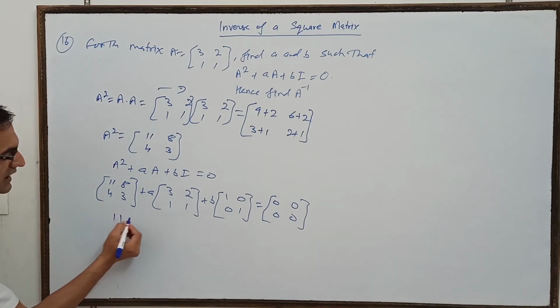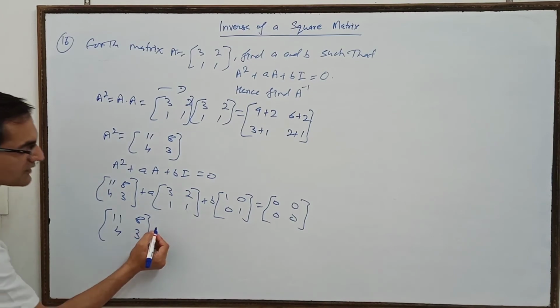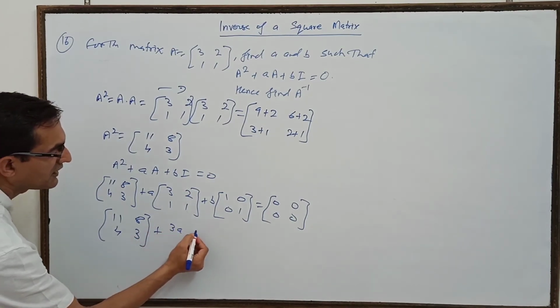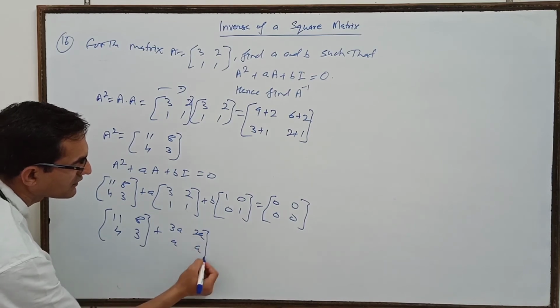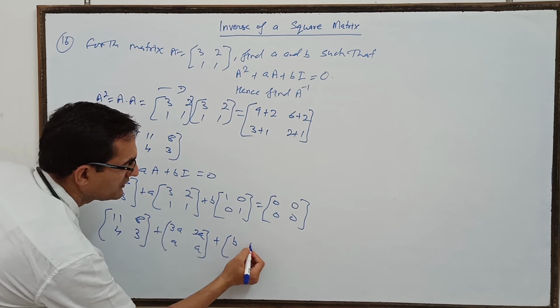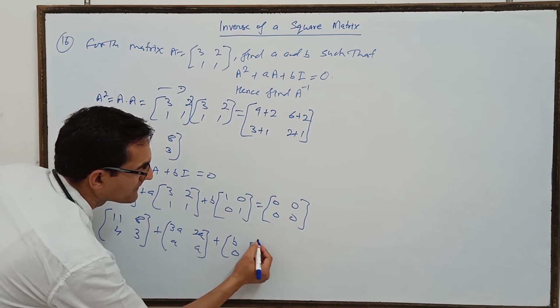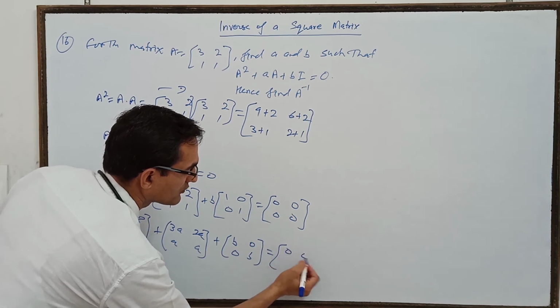So 11 8 4 3 plus 3A 2A, A into 1 is A, A. Take B inside it, plus B 0 0 B, and this is equal to 0 matrix 0 0 0 0.